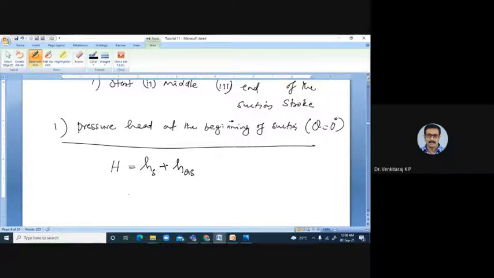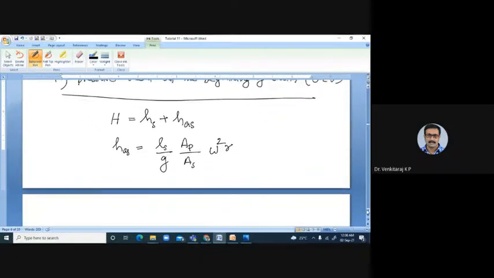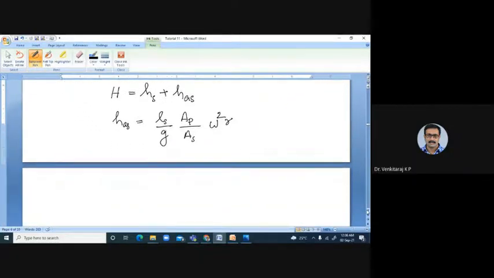And for HIS, we have the equation LS by G, AP by AS, omega square R. If you refer to the previous note, this is the acceleration head at the beginning, the acceleration head in the suction pipe.